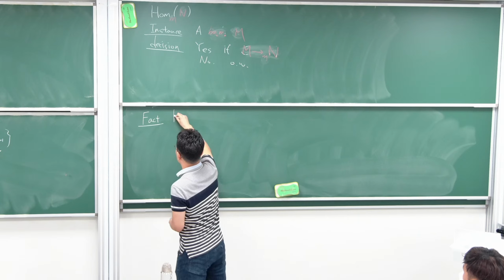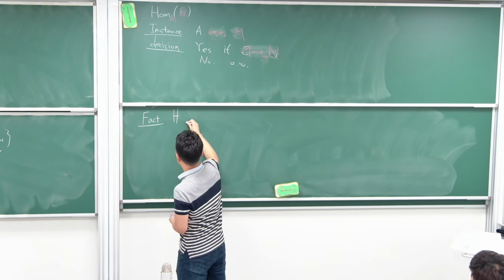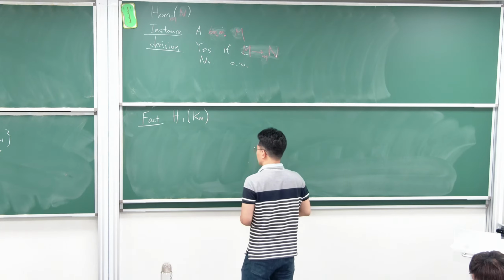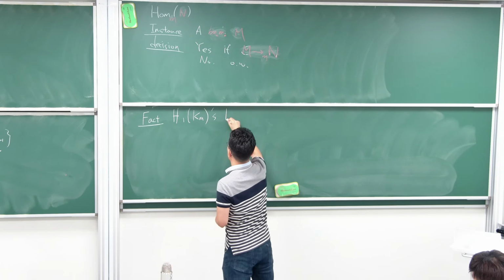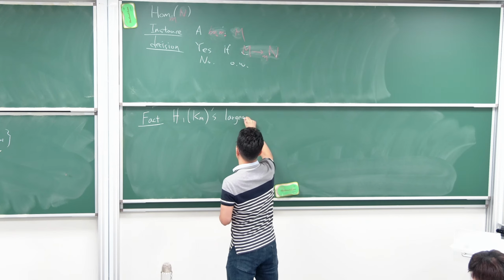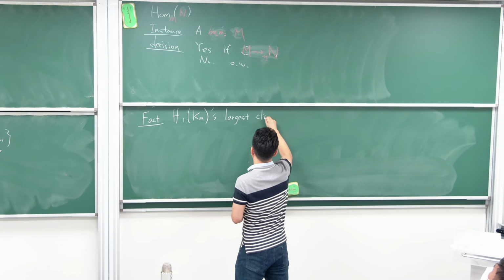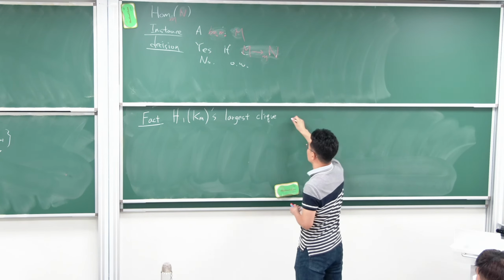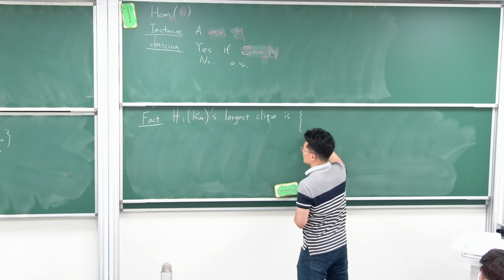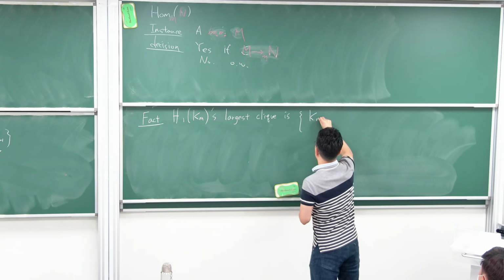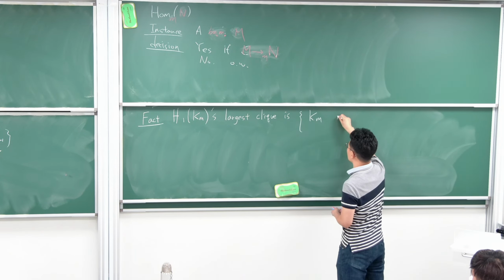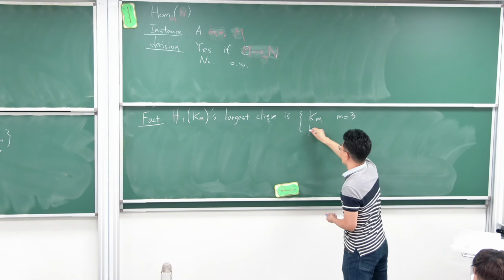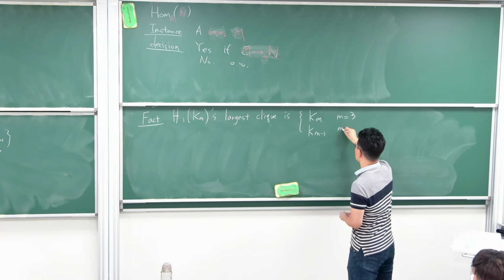H1 of Km: the largest clique of this graph is Km when m is 3, otherwise m minus 1.